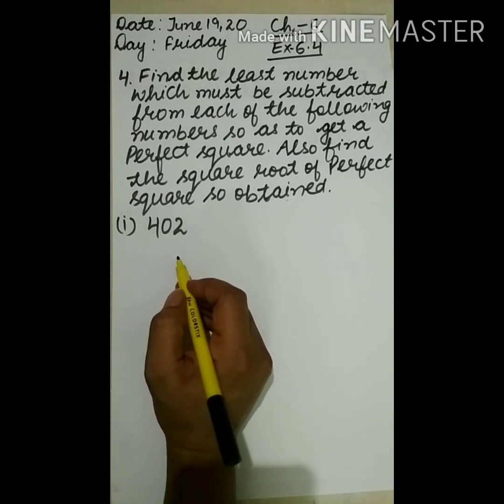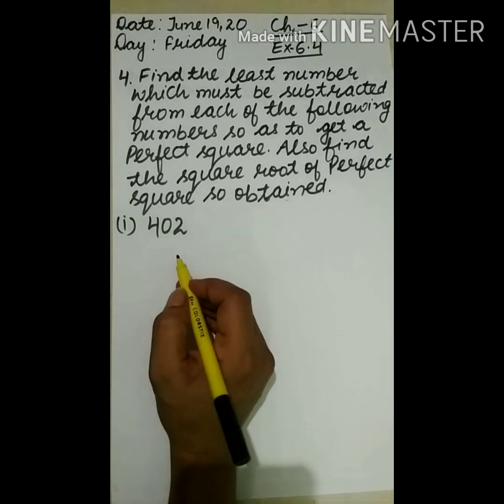But when we need to find the number which should be subtracted or added, then we are to use the division method, which we have done in exercise 6.4. That is in this same exercise.